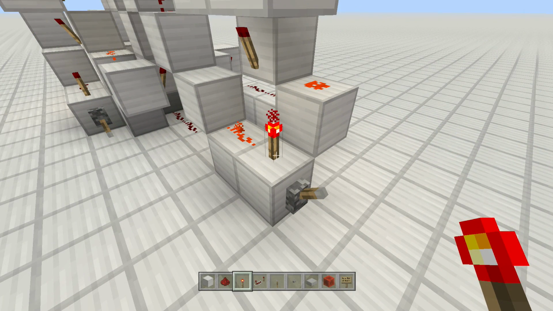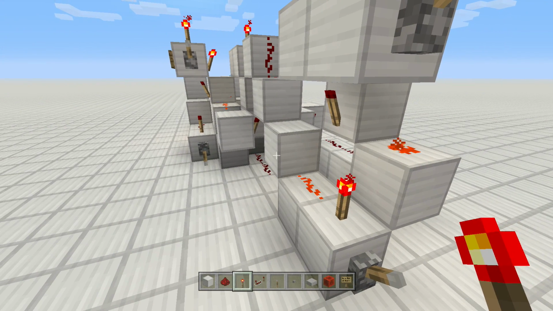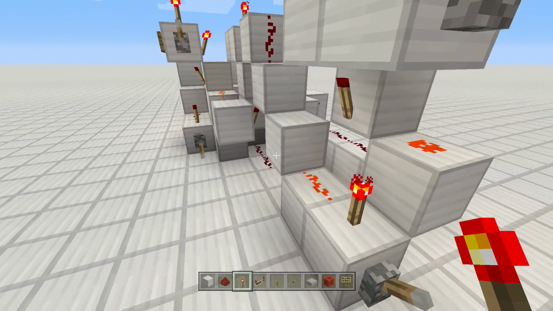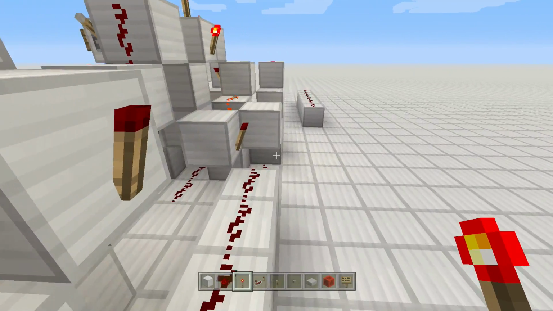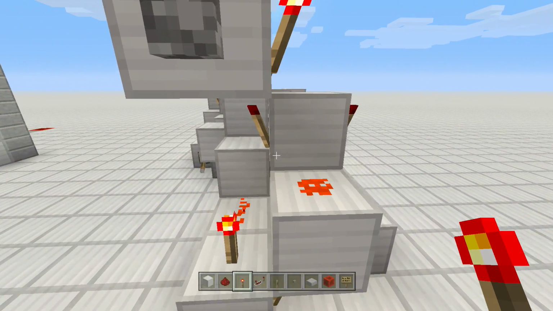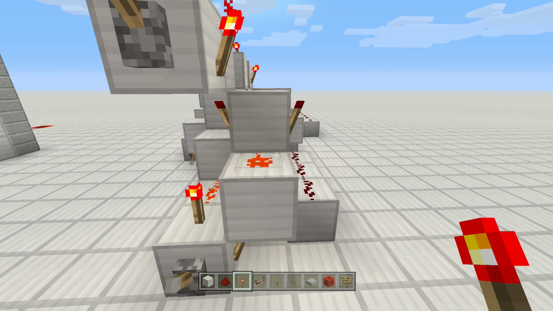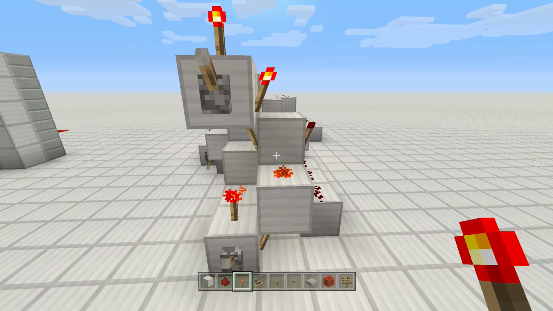Right now, this is a pretty big adder, but we can do even more, because this is 1, this is 2, and this is a carry out 4. We're not even at 8 yet, so we can only count all the way to 3. But we can get an answer all the way to 6.